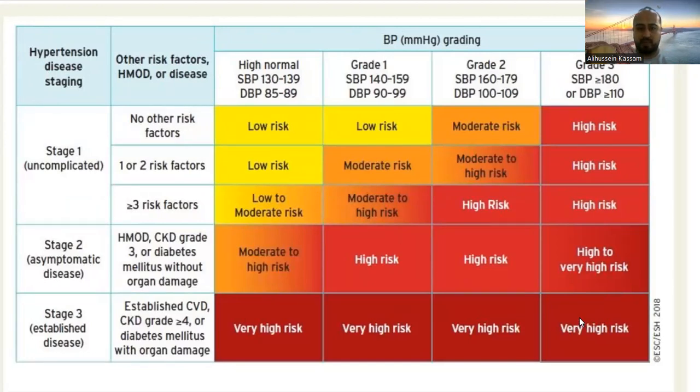One easy way of remembering this is that anyone with CKD stage 4, or diabetes, or with end organ damage is already a very high risk patient. And also a patient who has more than 3 risk factors, or stage 1 complicated, is a high risk patient.